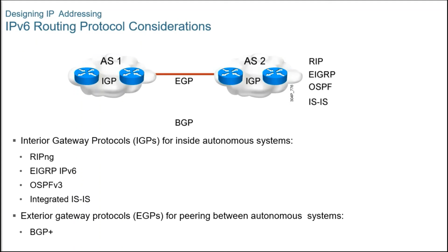So IGP, or the interior gateway protocol, is used within the autonomous system. Autonomous system pertains to an area being maintained by a single administrator. Okay? And between different autonomous systems is where we use the exterior gateway protocols, or EGP, specifically BGP, or the border gateway protocol.